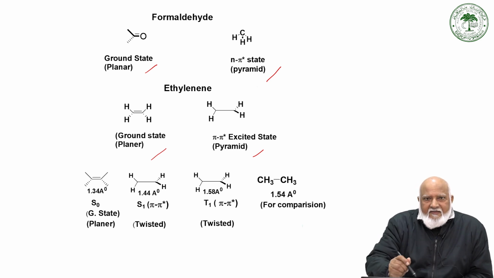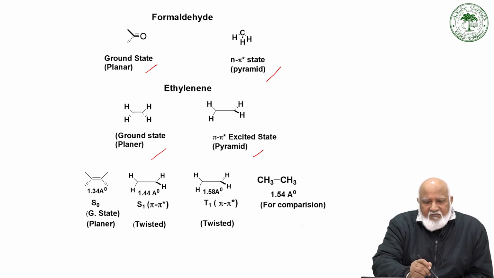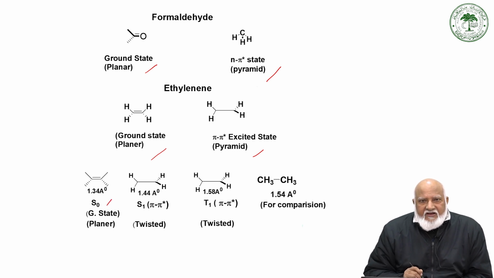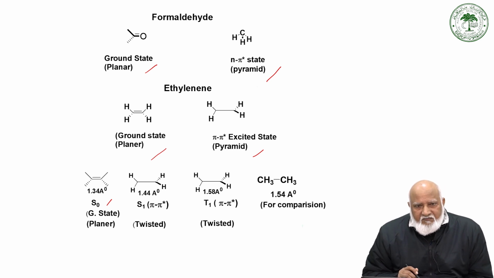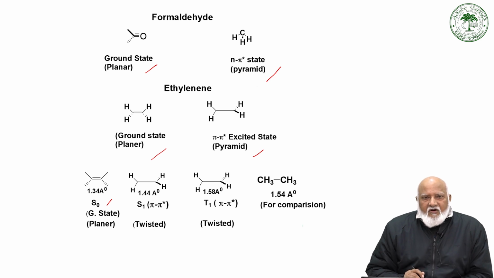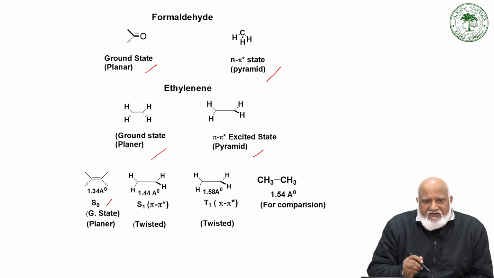Not only that, there is a bond length change. The alkene in the ground state has a carbon-carbon bond length of 1.34 angstrom. On absorption, light takes it to the excited state.